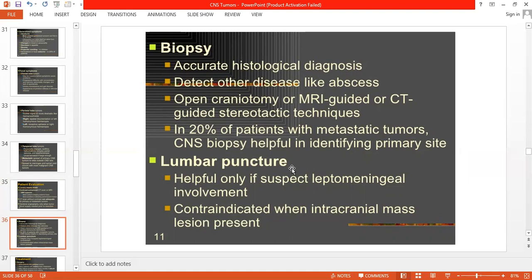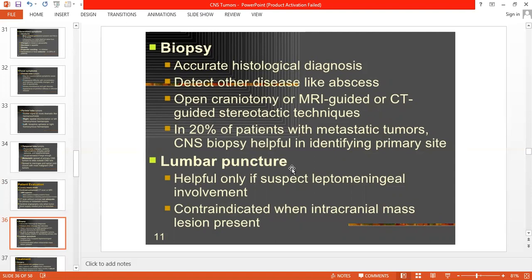If there is difficulty in concluding your diagnosis, whether there is a tumor or not, or which type of tumor is appearing on CT or MRI, then you have to go for biopsy before going into complete resection of the tumor. In particular, in patients with metastatic tumors, CNS biopsy helps in identifying the primary site.